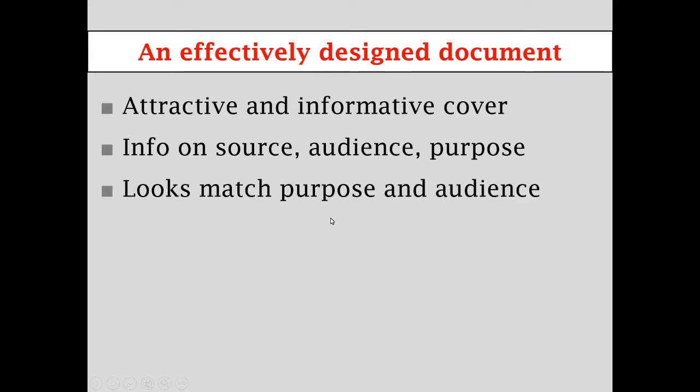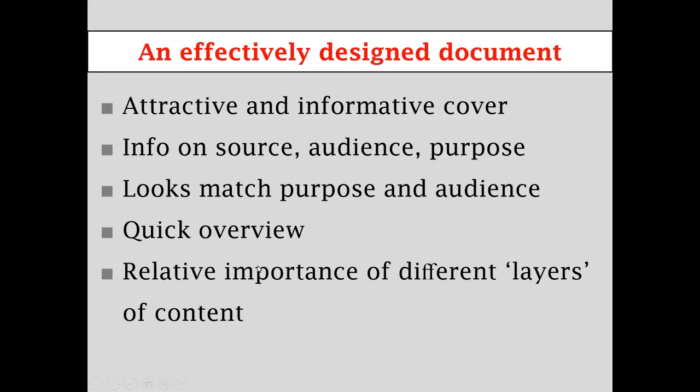And the overall look and feel should be consistent with the kind of document it is, whether it's a comic book, a popular magazine, or a serious PhD thesis, and so on. The document design should also allow people to get a quick overview before they start reading whatever section they want to choose.